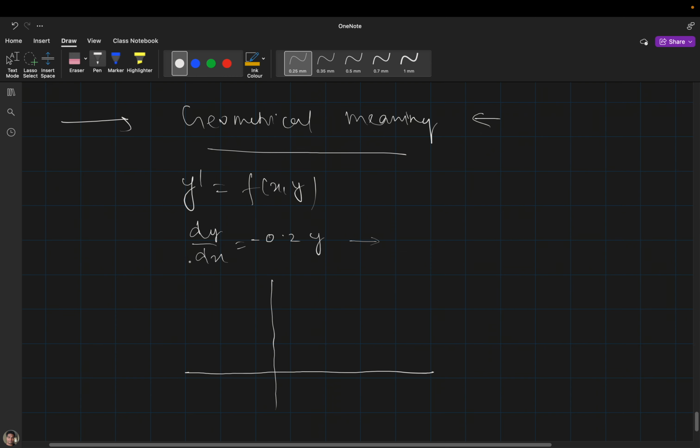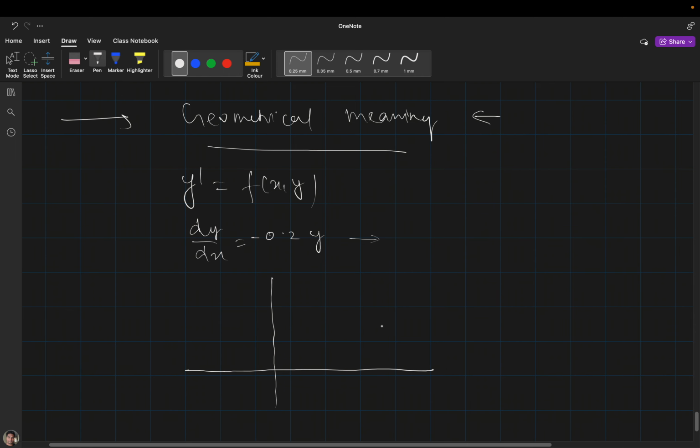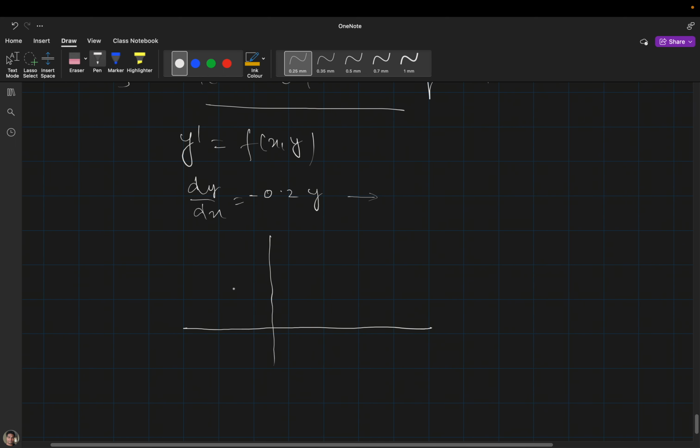You can clearly see that at each value of y, you have the slope of that solution. So here you can create a grid. At the place of f(x,y), x can be any arbitrary number, but y you can vary. So I will create horizontal lines that represent the value of y.